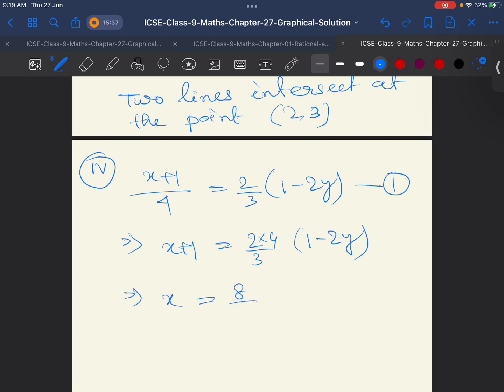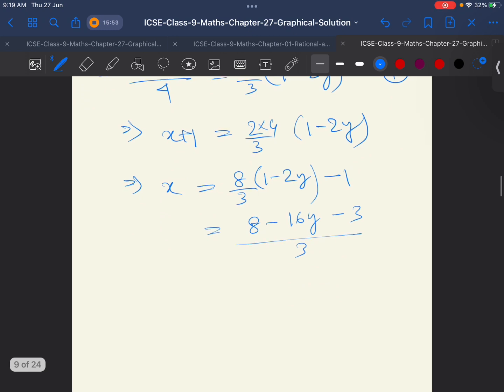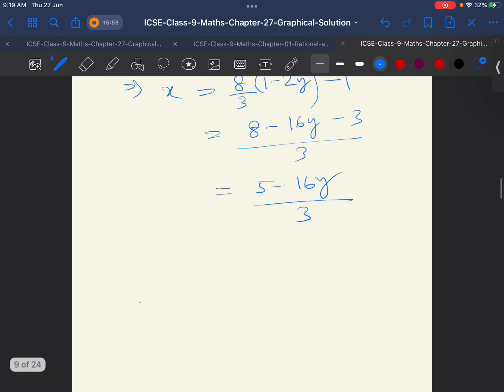It implies x equals 8 by 3, 1 minus 2y minus 1, or 8 minus 16y minus 3 by 3. So 5 minus 16y by 3.